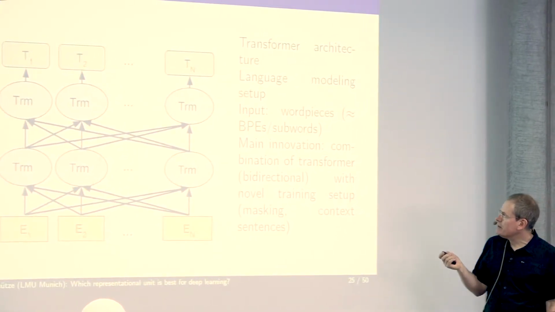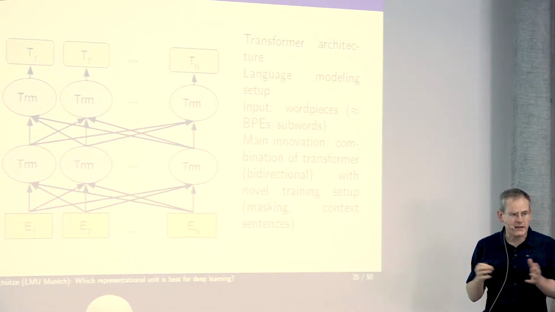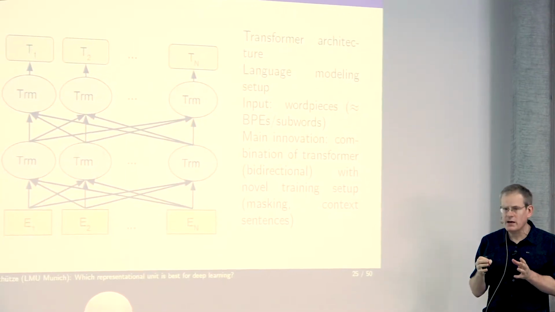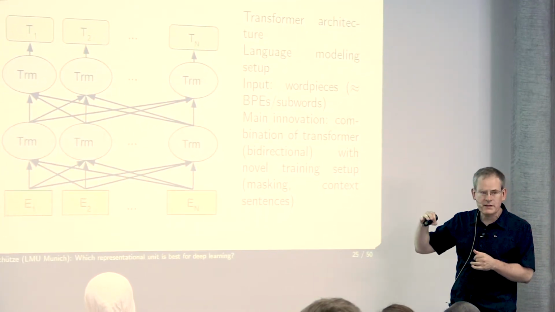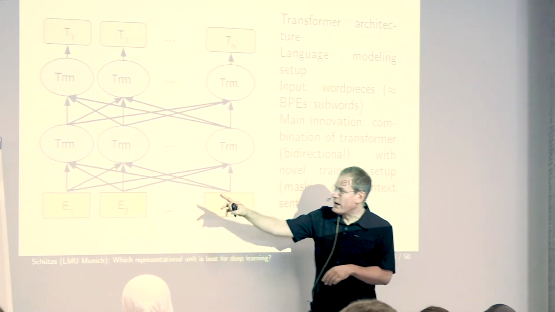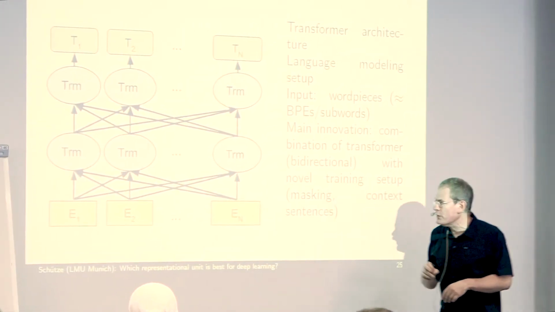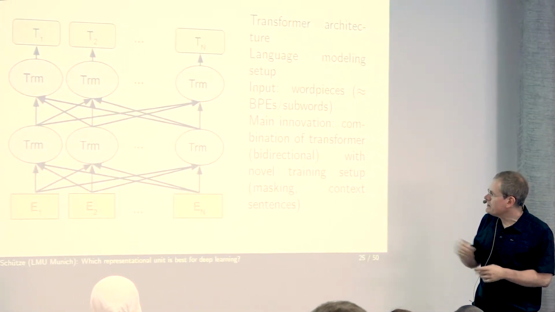The main innovation here is that it's a combination of a transformer, which is completely bidirectional. There have been similar models before, but they were not completely bidirectional at all levels, giving each unit access to everything on both sides of the input, both sides of what you need to predict, and this novel training setup.